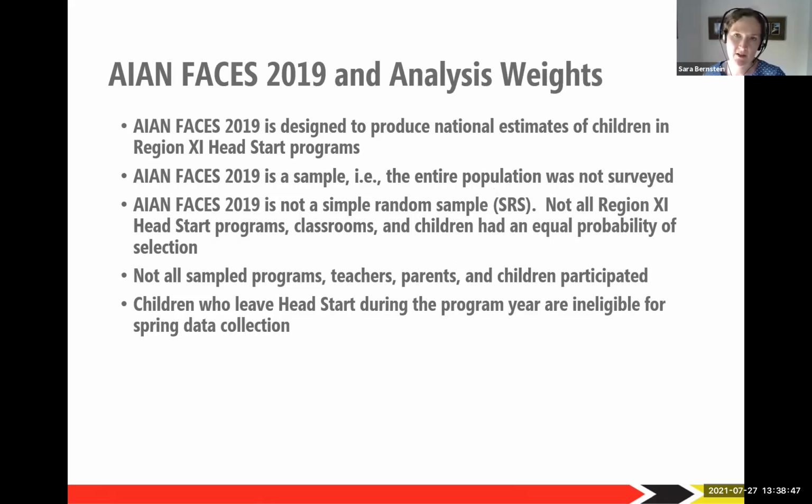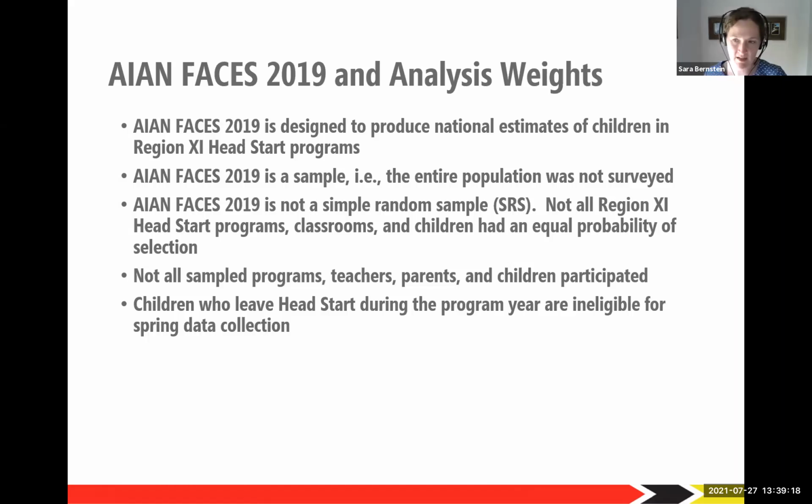So there are several features of AIAN FACES 2019 and most large-scale national studies that are important to keep in mind and to consider when using weighted or unweighted data in your analysis. So this came up a little bit earlier, but AIAN FACES 2019 and 2015 and the data collection we're doing this coming year, once we get OMB approval, are all designed to produce national estimates for Region 11 Head Start children.